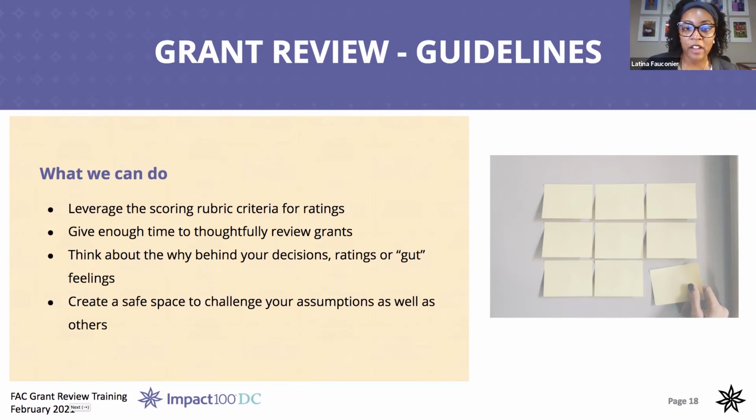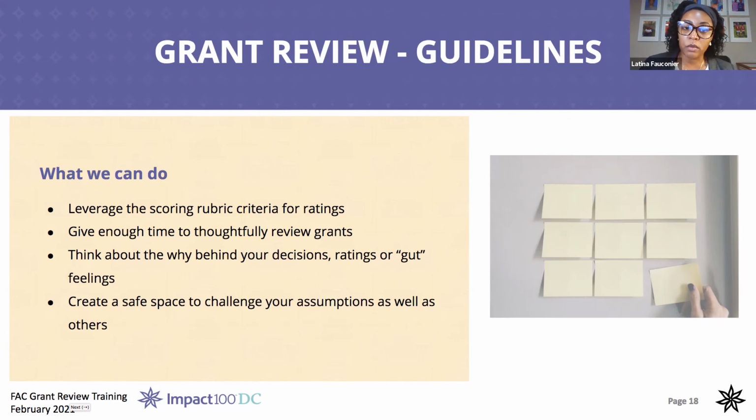And so we're asking that everybody look at all of the evidence objectively, ask yourself questions, right? When you're developing your point of view, bring in other perspectives to maybe expand your thinking. Give yourself enough time to really thoughtfully review the grant, so you're not rushing through and relying on those snap judgments that your brain may shortcut to.